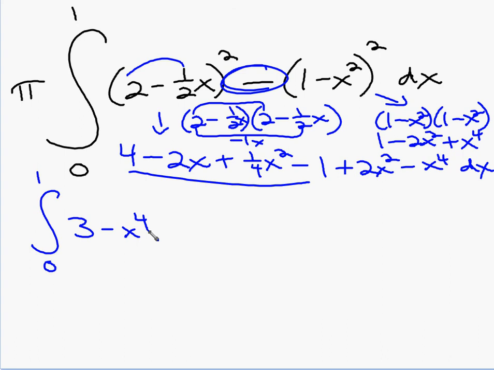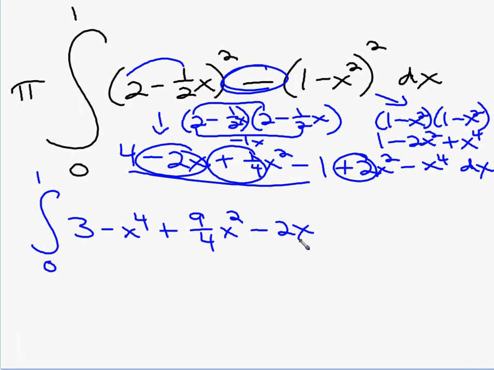But I have a 1/4 plus a 2, so that's like 2 1/4, which is 9/4, plus 9/4 x squared. And then I've got this little minus 2x tacked on the end, dx. And I need my pi out in front.